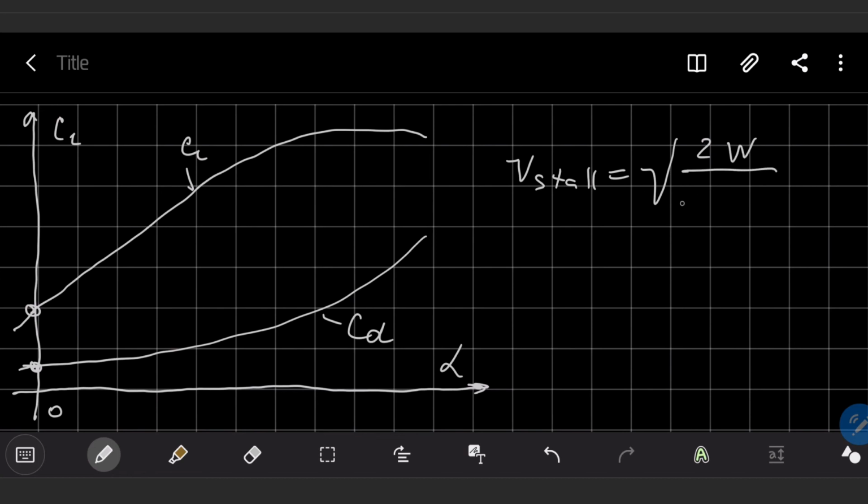Divided by CL minimum, or CL at alpha 0, and then density and the area. Of course, I remember that there was something more. Thanks for reminding. So this is the stall velocity from the point of view of the lift coefficient, and for the maximum velocity we're using something else.